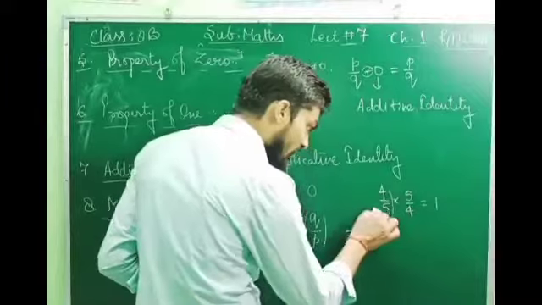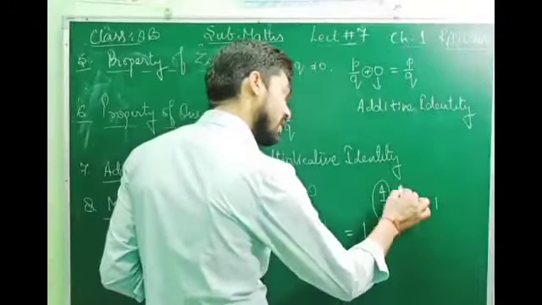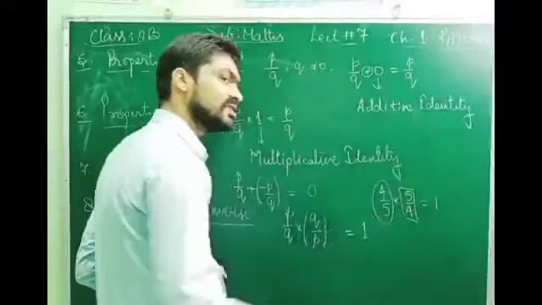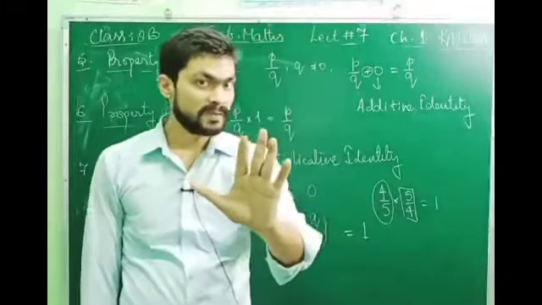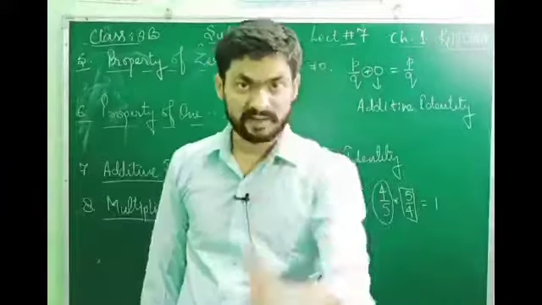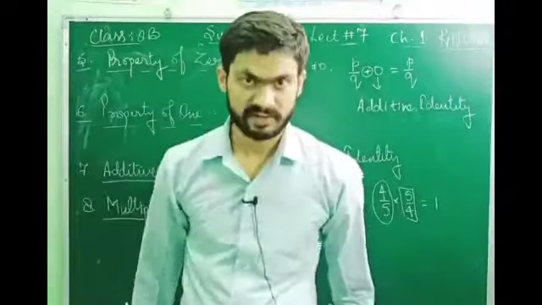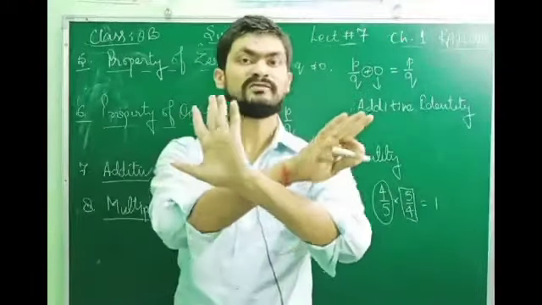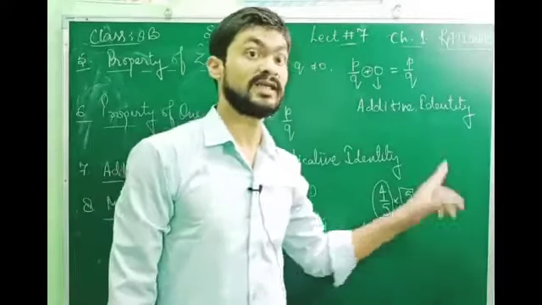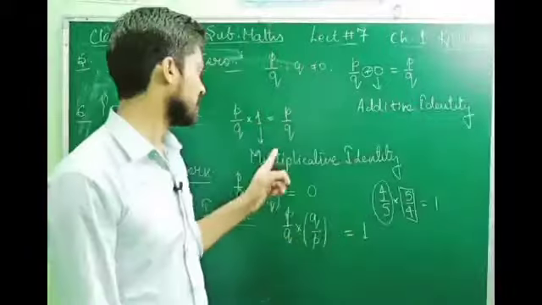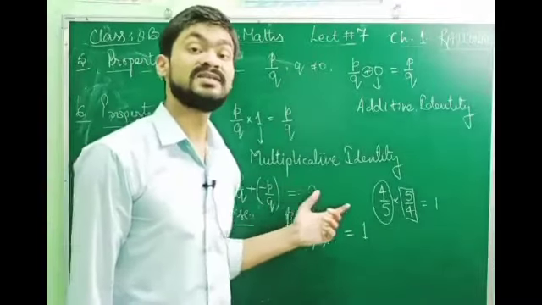So 4 by 5 is the multiplicative inverse of 5 by 4 and 5 by 4 is the multiplicative inverse of 4 by 5. Both are multiplicative inverses of each other. Both are enemies of each other. When together, they end each other and bring the result as 1 in case of multiplication, and in case of addition they will bring 0.